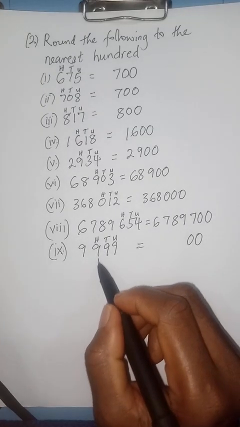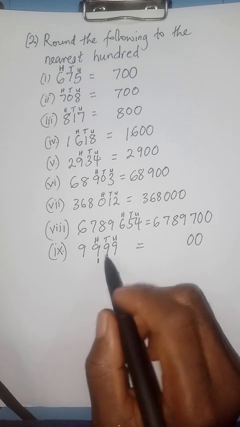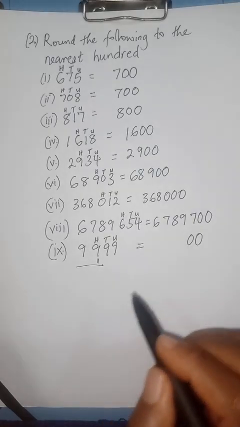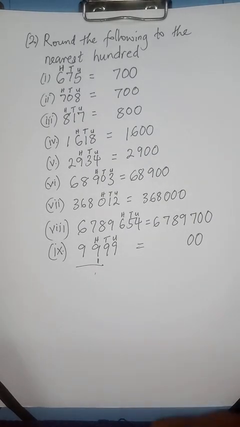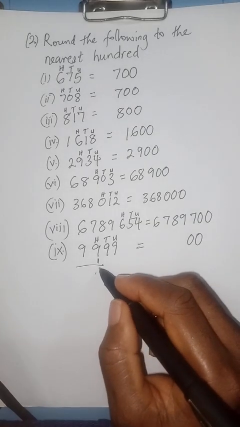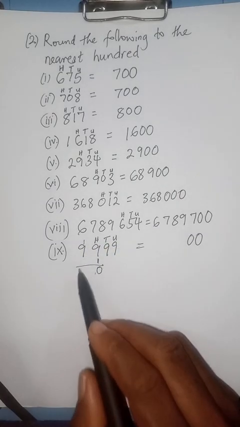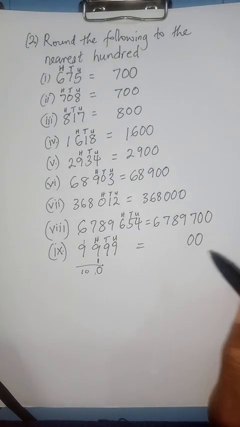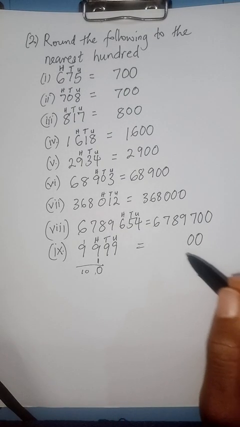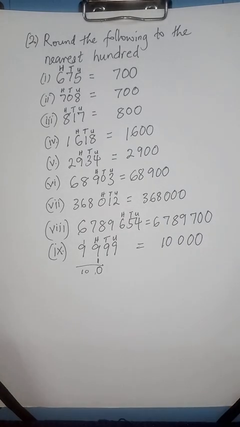If you add 1 to the digit on the hundred, that would be 9 plus 1. Now here you have to be very careful. You cannot write 10. It's like the addition where you had to rename. 9 plus 1 is 10, so you write a 0. You carry this 1 to the other digit, and 9 plus that 1 is 10. So here, I'm supposed to have 0, 0, 10, and that's 10,000.